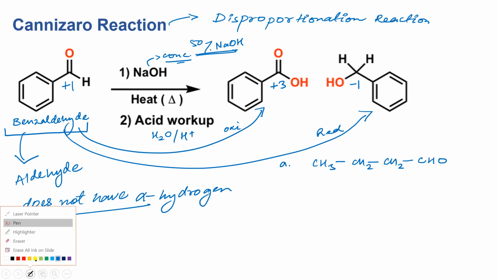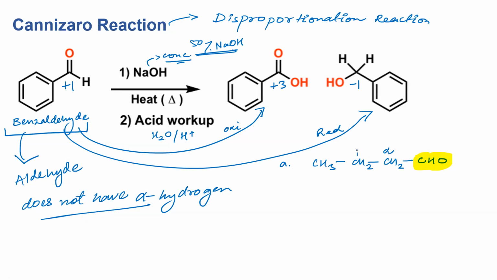I highlight this with yellow color. This is the functional group, right? Then the next carbon is alpha, and then you will have beta, then gamma, and so on. So this is the alpha carbon, and this is the beta carbon.